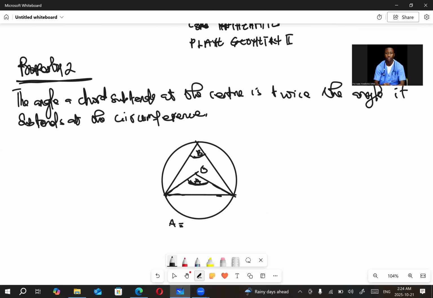So it's equal to twice the angle subtended at the circumference. What angle is subtended at the circumference? B. So it will be 2b. You have to read, then you express it.